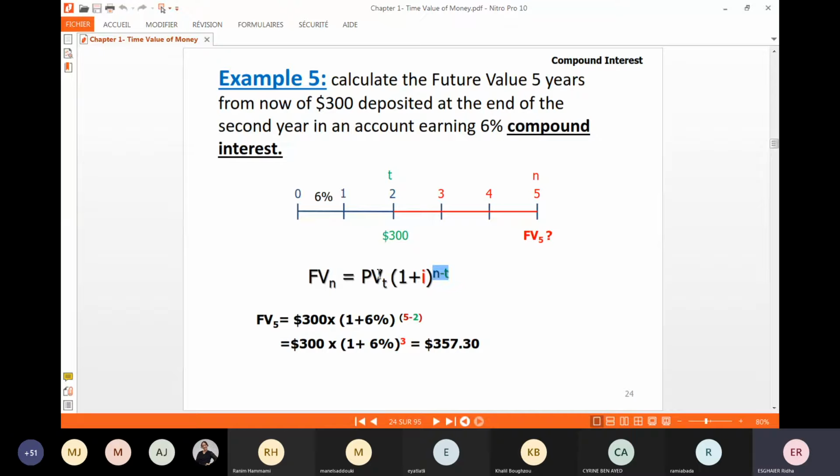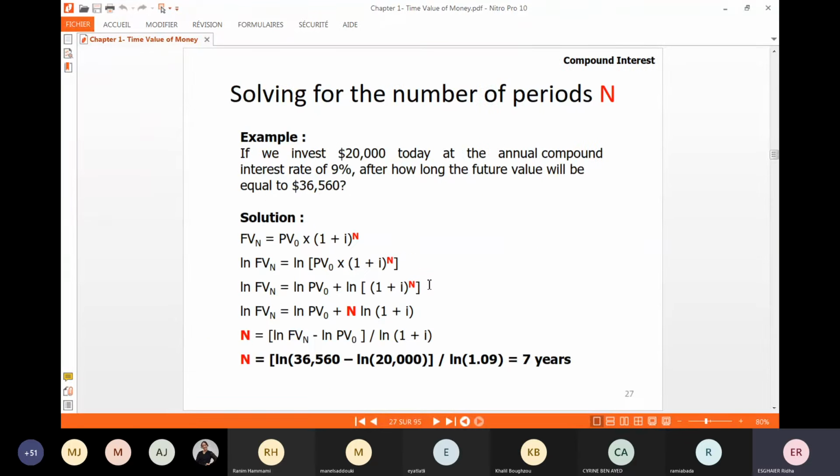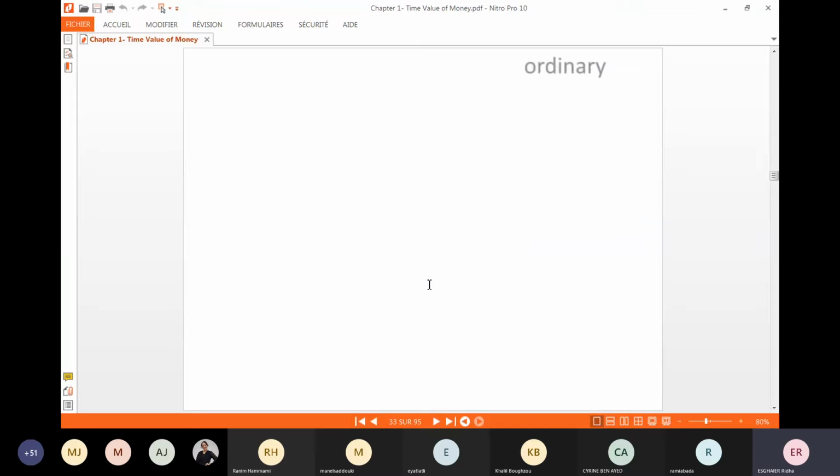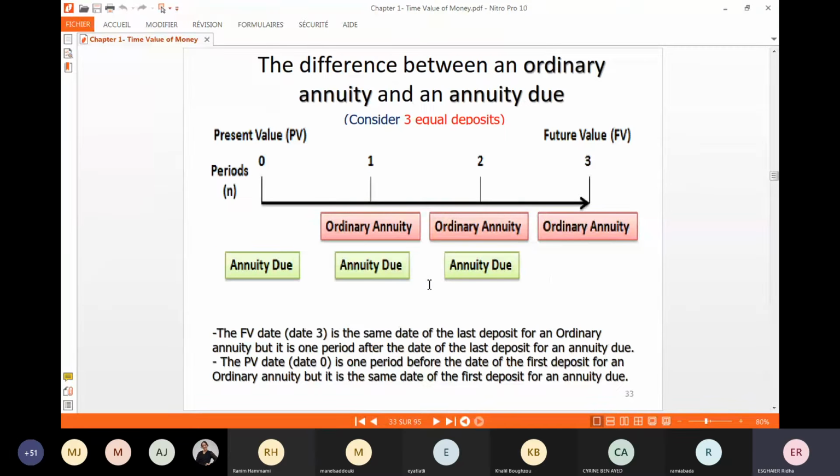Then we applied this formula to the case when we have an annuity. We said that an annuity represents an amount invested or received at the beginning or at the end of each period during n periods and at equidistant intervals. So now we have two categories of annuity, an ordinary annuity or an annuity due. In the case of an ordinary annuity, today is always the date zero.